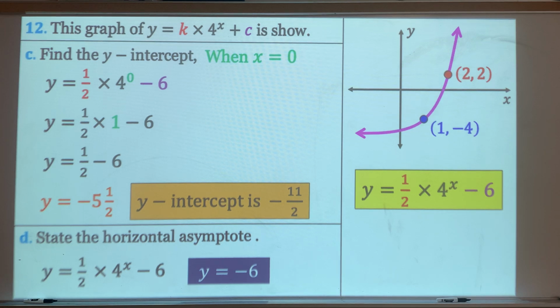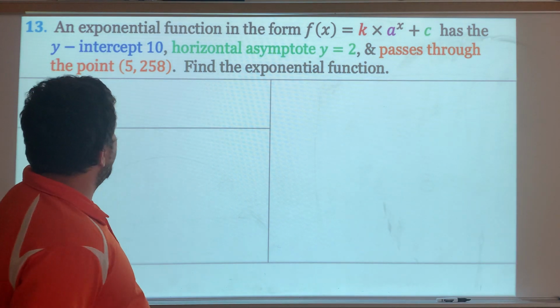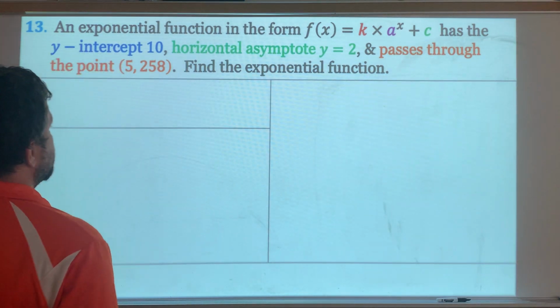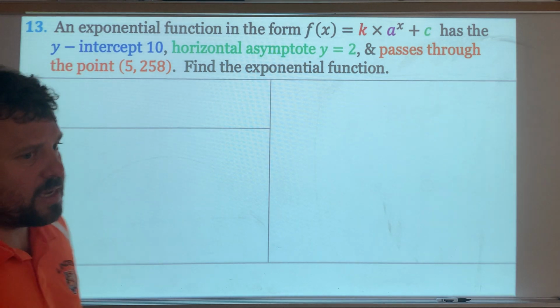Ready for 13? Alright. So, 13. Go. An exponential function in the form f of x equals k times a to the x plus c has the y-intercept of 10, horizontal asymptote of y equals 2, and passes through point (5, 258). Find the exponential function.